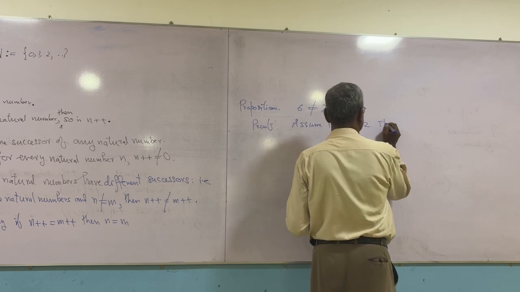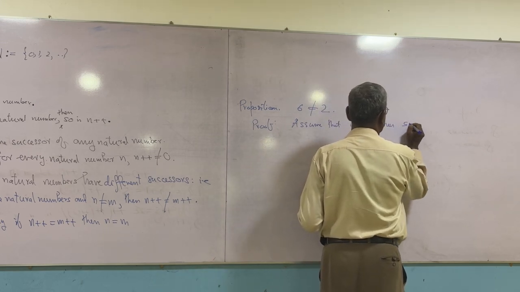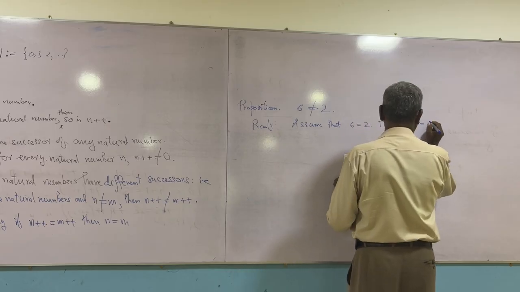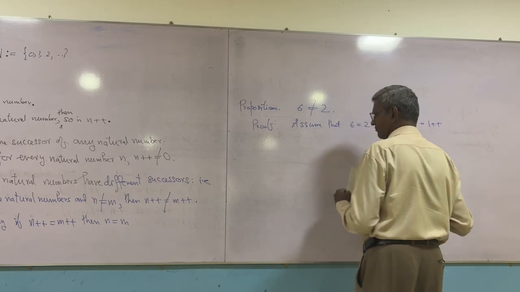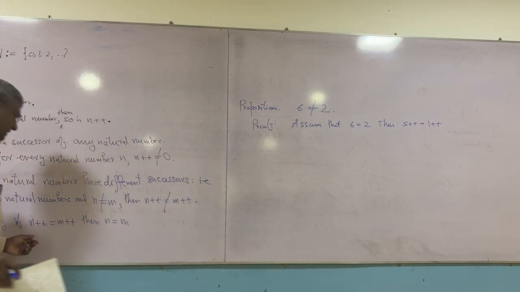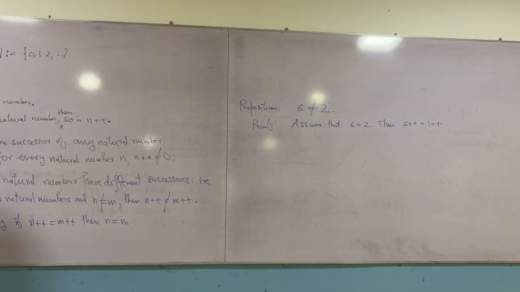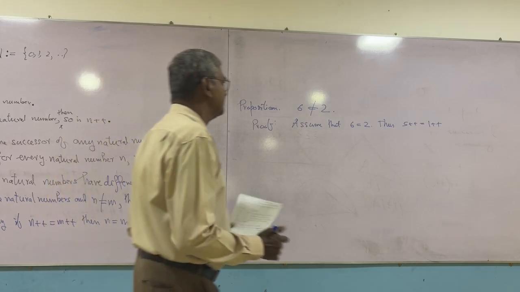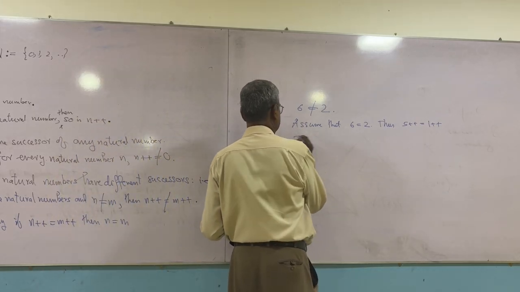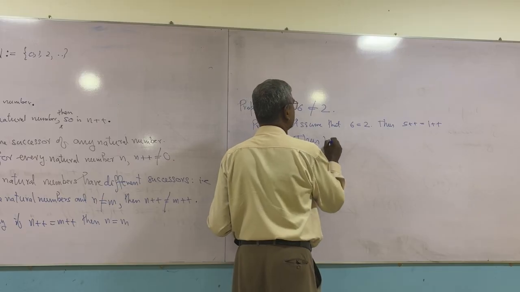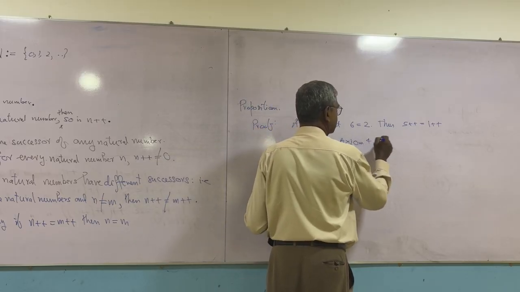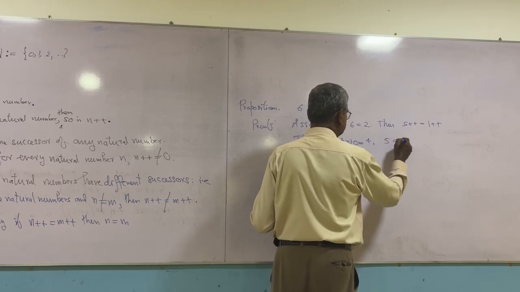Thus 5 plus plus equals 1 plus plus. Here, if n plus plus equals m plus plus, then n is equal to m. Thus by axiom 4, 5 is equal to 1.